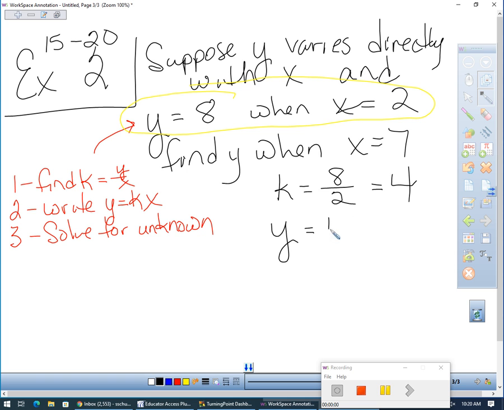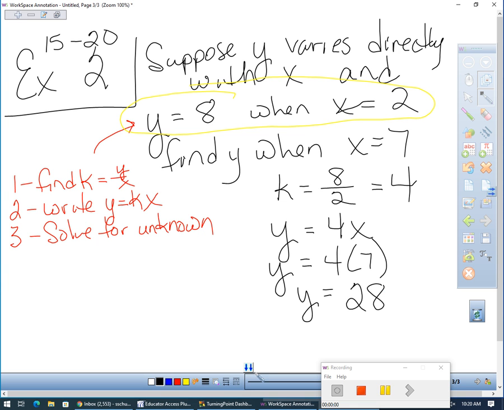Y equals 4x. Step 3 is where you go to that last line right there. It says find y when x equals 7. So what do you think I'm going to do with the 7? Plug it in and solve for the unknown. So I have y equals 4 times 7. So what does y equal? 28. Sounds good. So again, it's only 3 steps, and none of those 3 steps are hard. Okay? So let's do another one.